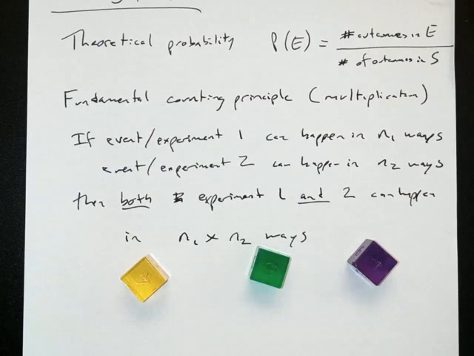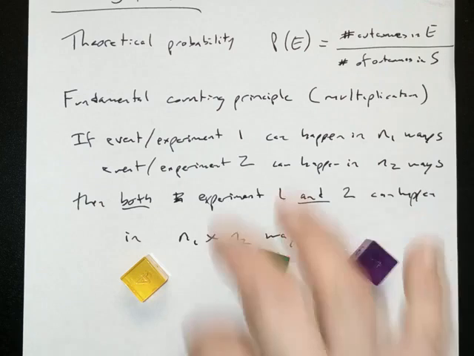How many possible results are there now? Six times 6 times 6, 6 to the 3rd power. 216. Grab your calculators. We're going to need them as we go on.